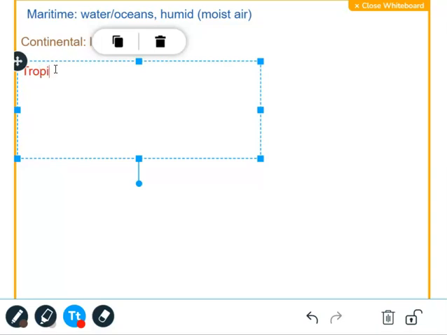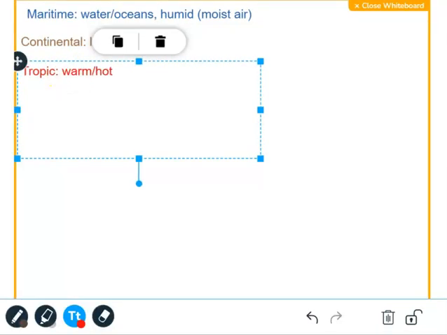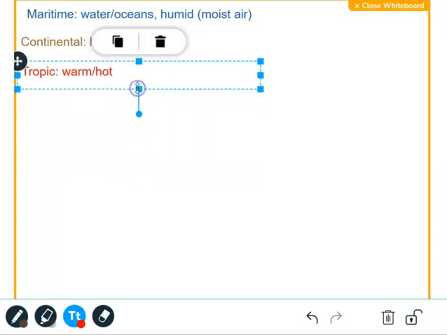Spell it right. I think I did, yep. It is not working. I don't know if it's Nearpod or me trying to do the video and Nearpod at the same time, but it's working slow. So when I say the word tropic, to you it should mean warm and hot.